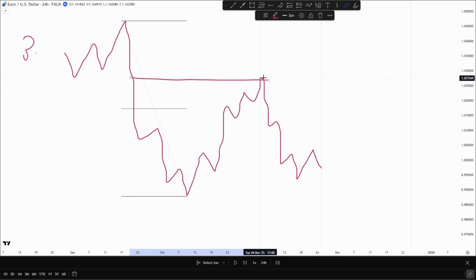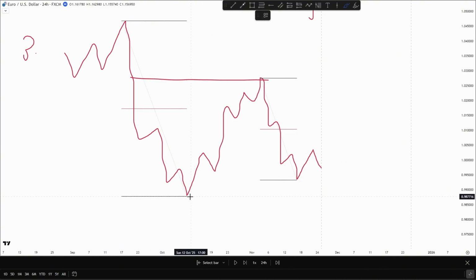But what happened is that now we formed a micro dealing range on the intermediate time frame, which for us is the 4-hour, within the macro dealing range.